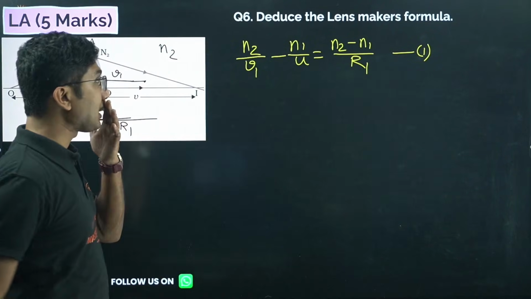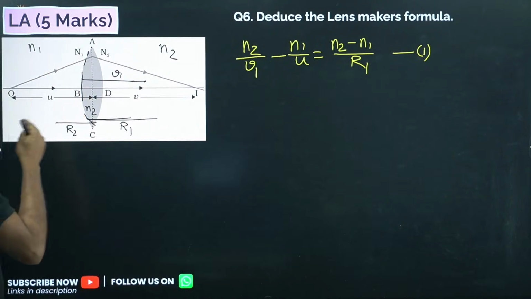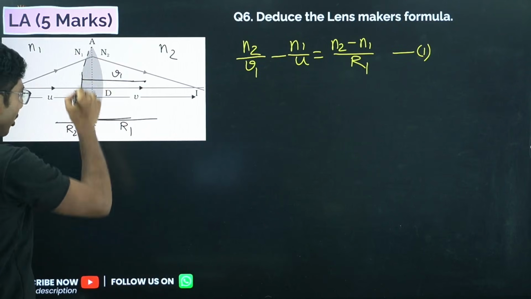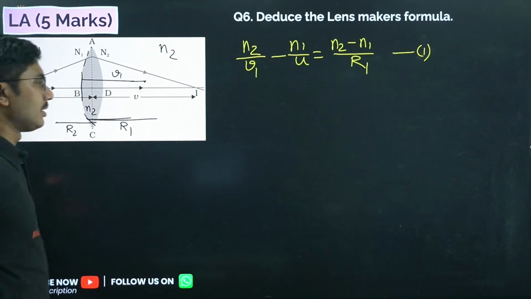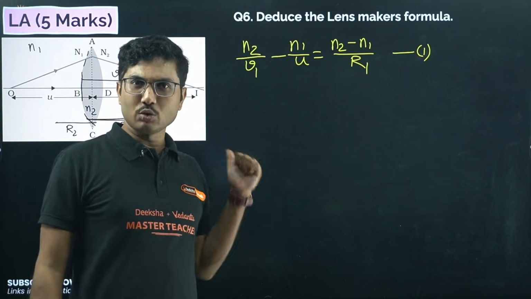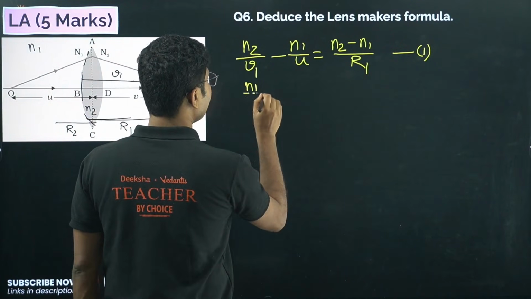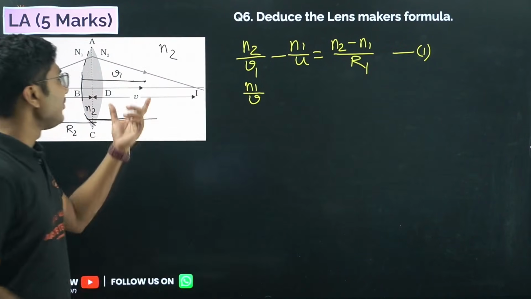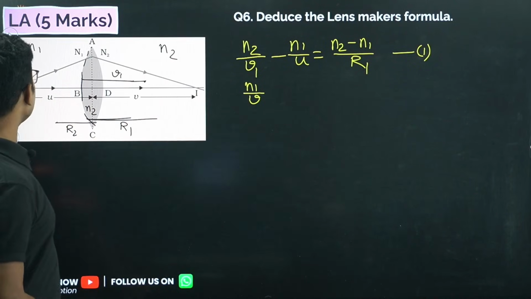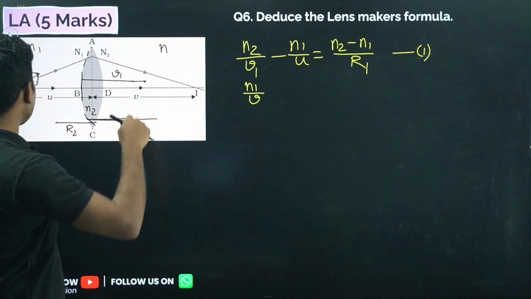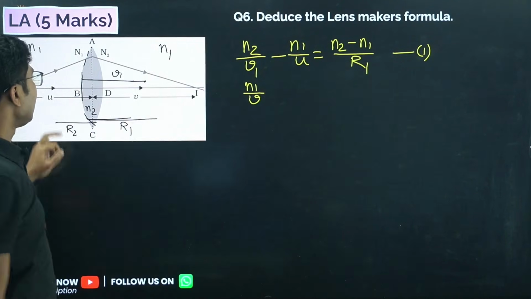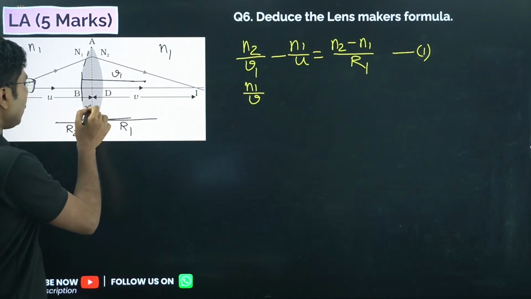What is the second equation? Now light is traveling from inside the lens to outside, so light is traveling from N2 to N1. So we will write N1 by V, because V is located in the outer medium. The outer medium has a refractive index of N1, and this one is N2.